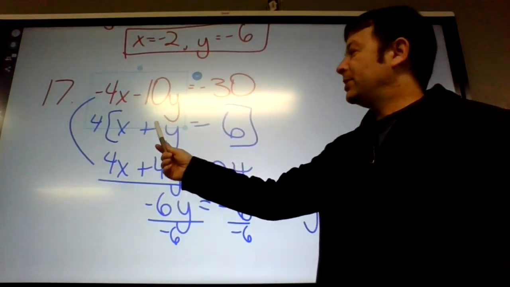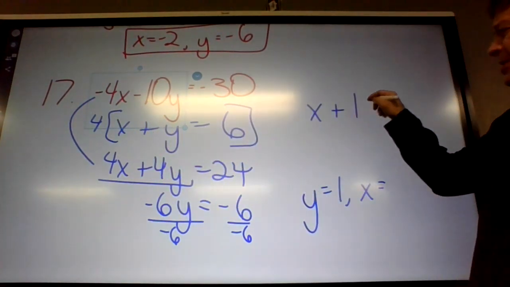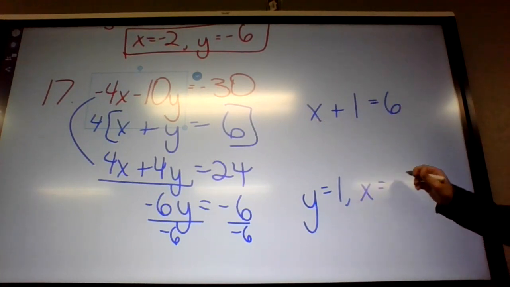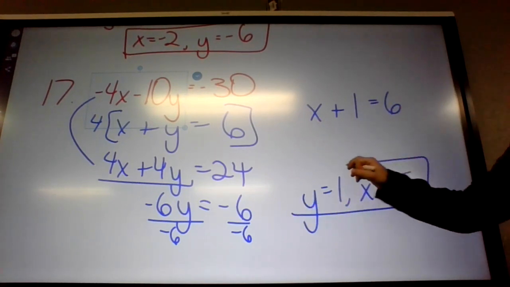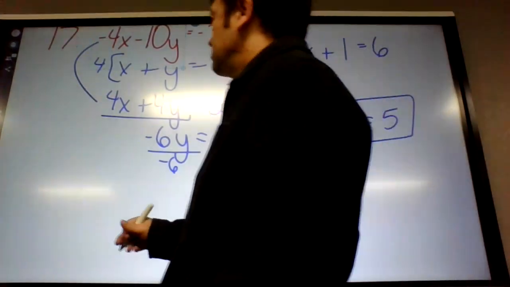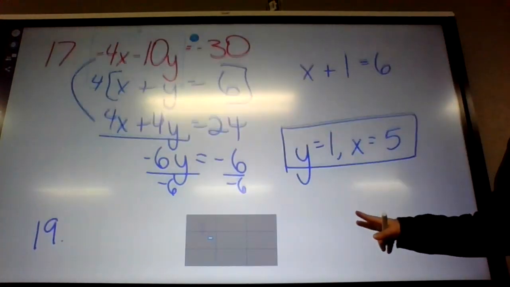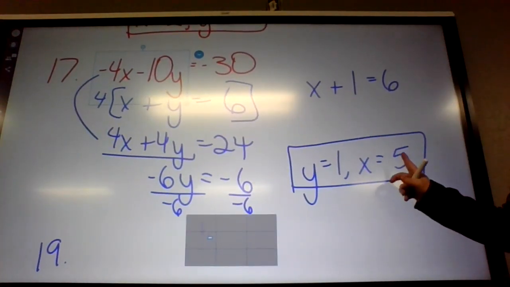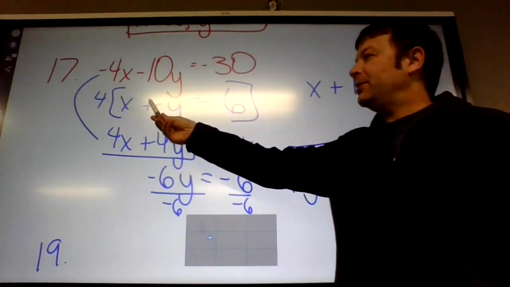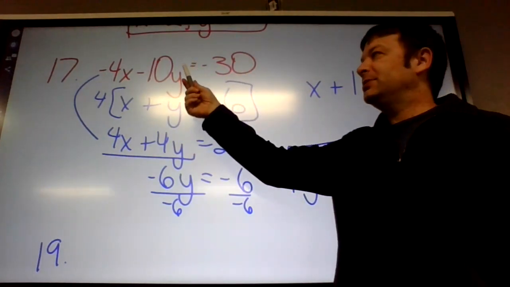Well, the second equation was really easy. So it would be x plus 1 equals 6. So what would x have to be? 5. So, if this was the test, I would highly recommend after you get your answer, so we kind of got the answer by using the second equation, so you could check it using the first equation.